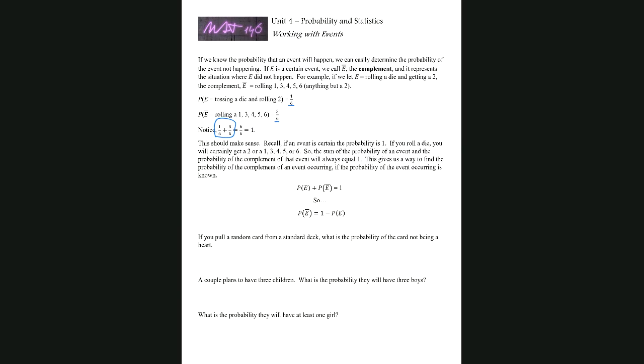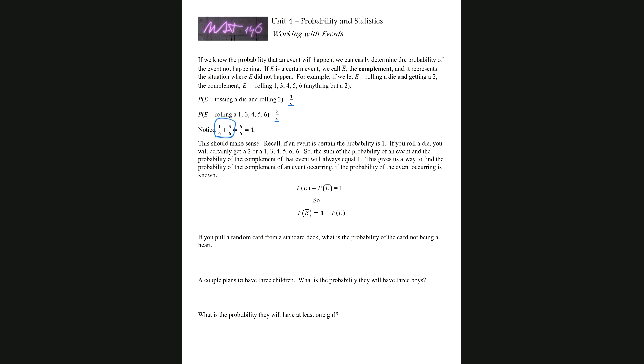So the probability of rolling the die and getting a number 1 through 6 is certain, so it should be 1. So the sum of the probability of an event and the probability of the complement of that event will always equal 1, because an event and its opposite are the two things that could happen in that experiment, and one or the other is going to happen. So the probability of one or the other happening has to be 1.